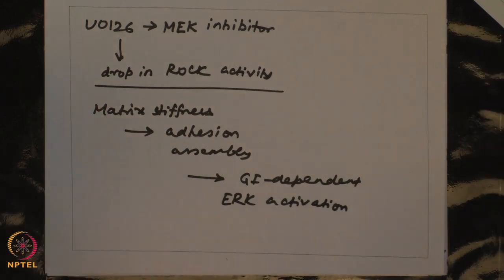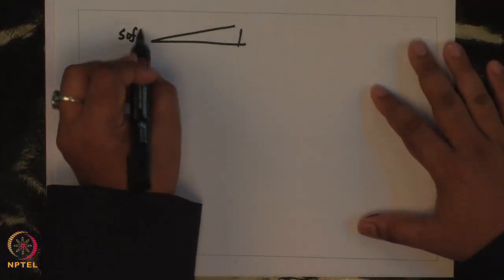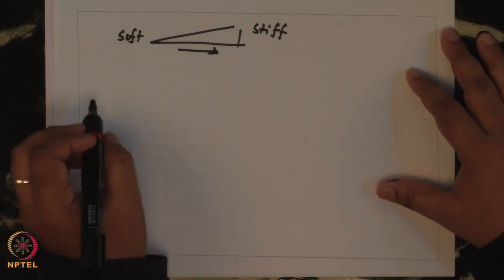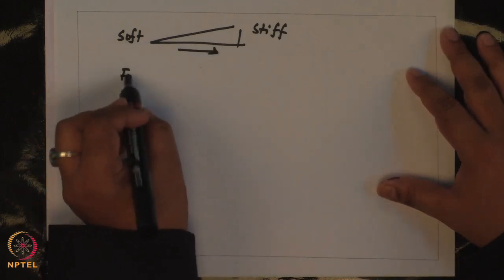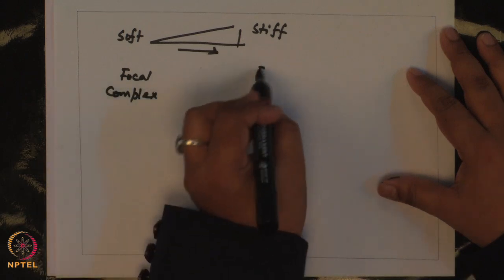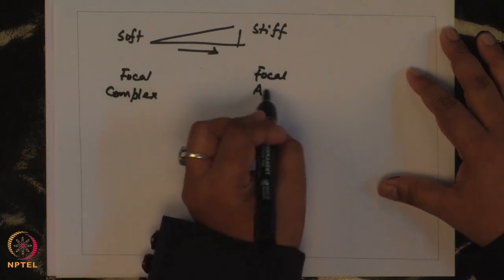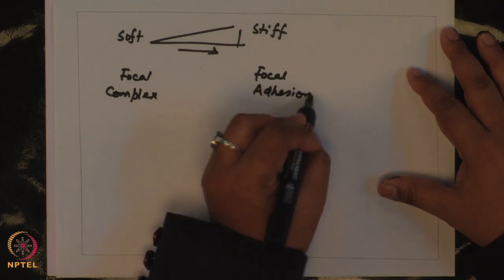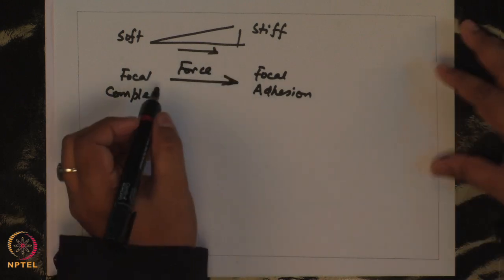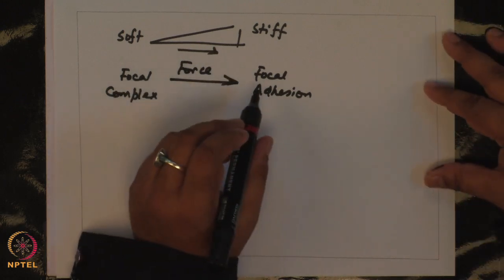So, to summarize, what they found was with increase in stiffness, if you have soft and stiff surfaces, you have increase in stiffness in this direction. On soft substrates you have focal complexes, on stiff surface you have focal adhesions. So, force converts the focal complexes to the focal adhesions.